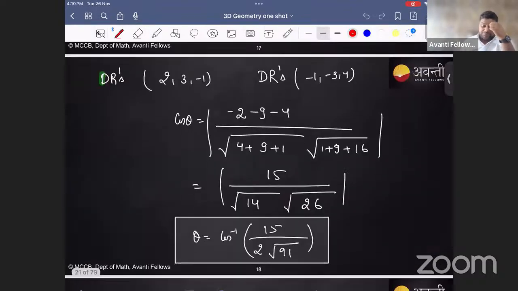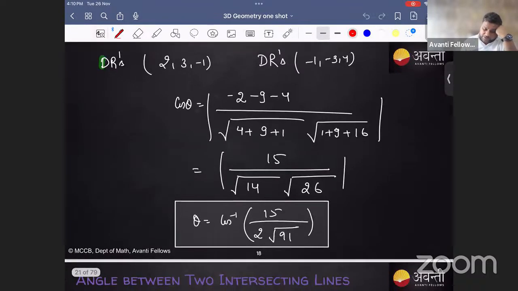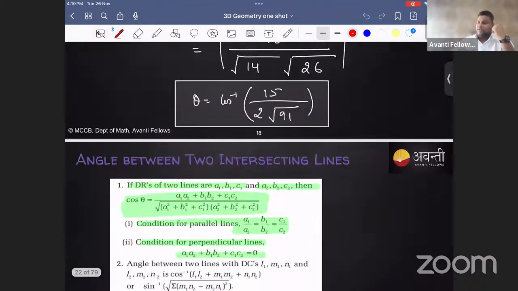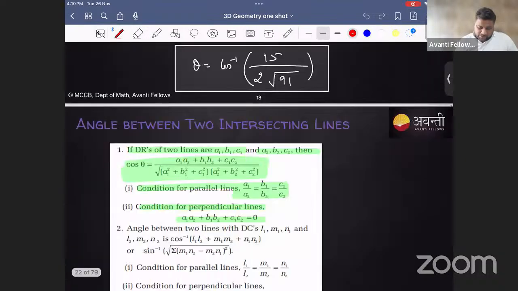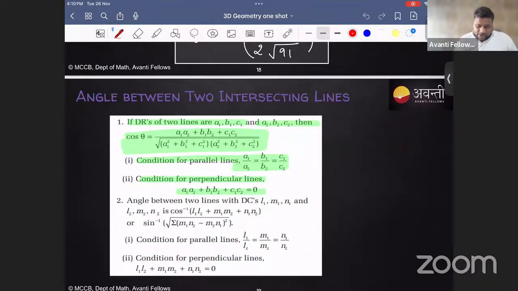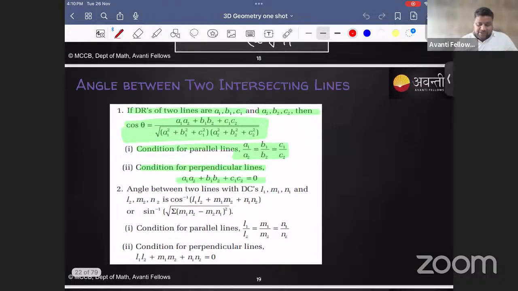Yes or no? Then we did angle between two lines if their direction ratios are known. Angle between two lines if their direction cosines are known. So we have done all that. Now, angle between two intersecting lines we also did. Even if lines are not intersecting, this is going to be the angle between them.